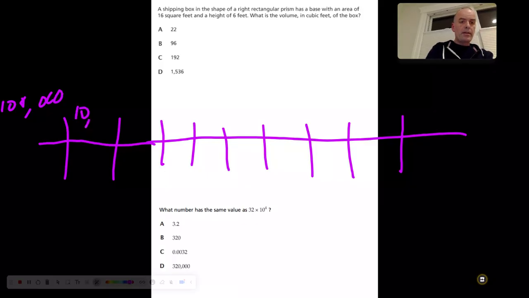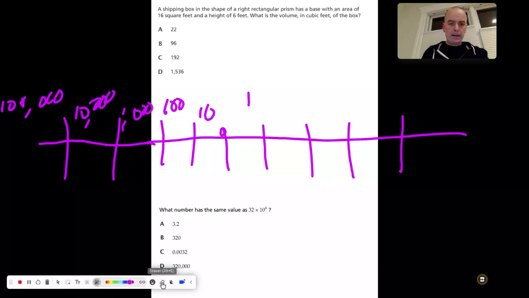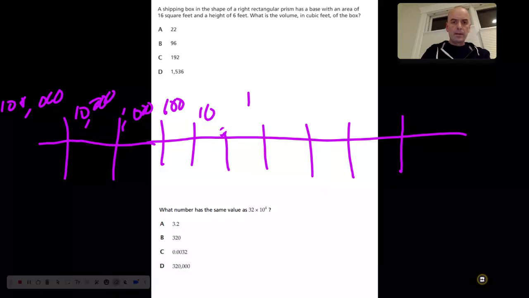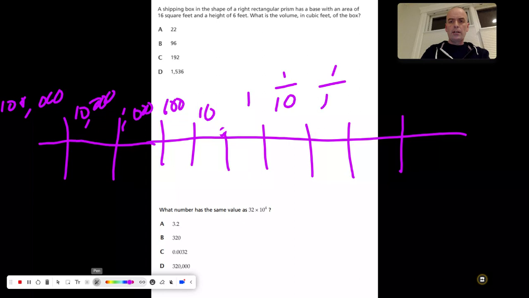Let's go 10,000s, 1,000, 100, 10. Oh, sorry, I don't know why I put a decimal there. That was weird. 1, 1/10, 100, and 1,000. Okay? Change my color. This is where the decimal goes.